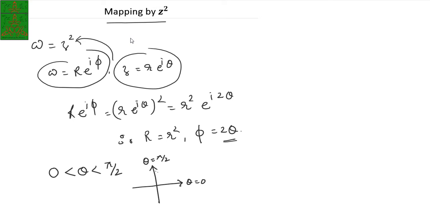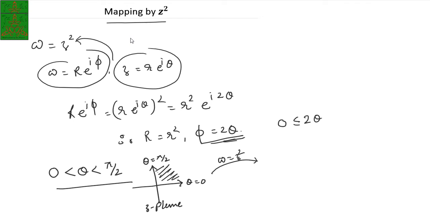So this whole portion will be covered in the z plane, and the image of this region under the transformation w equal to z square will be as follows. Multiplying this inequality by 2, we have 2 theta less than or equal to pi, which implies 0 is less than or equal to phi less than or equal to 2 pi.